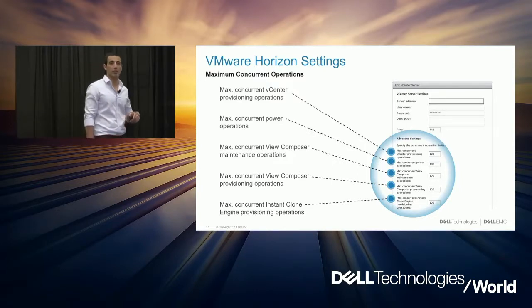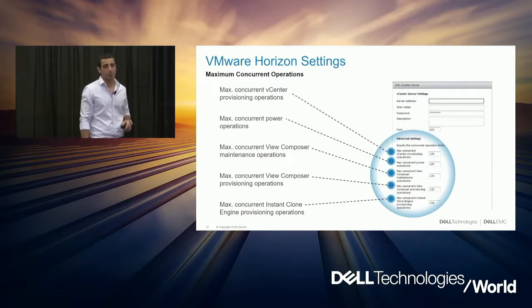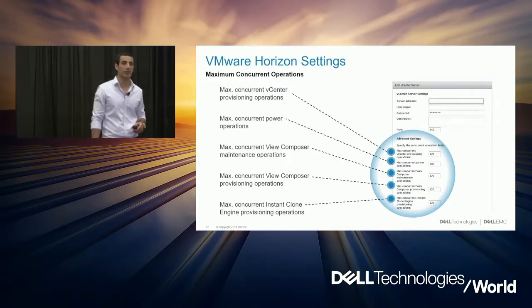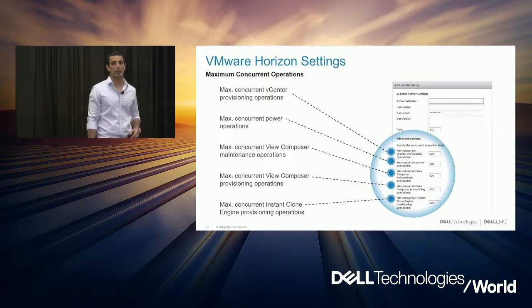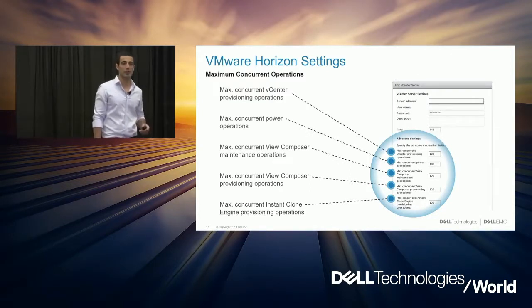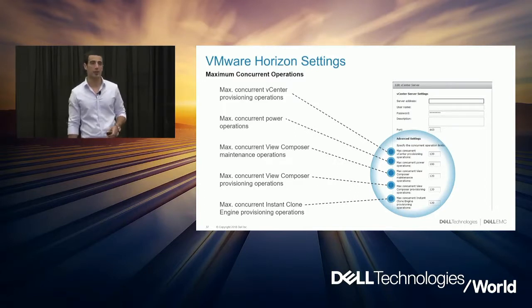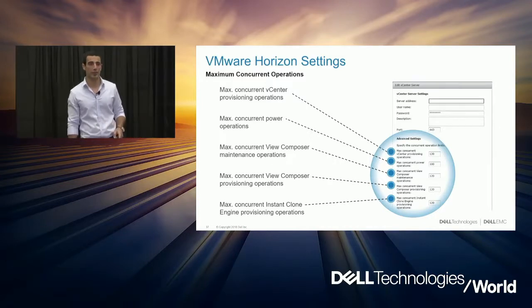With such a strong array as XtremIO, we will be able to increase this value by 6 times for almost all of these concurrent operation settings, and by that, shorten the time it takes to provision virtual machines, as well as shorten the time for maintenance operations. This gives customers the full performance that XtremIO can give at any given moment, whether it's provisioning the desktops or maintaining them.